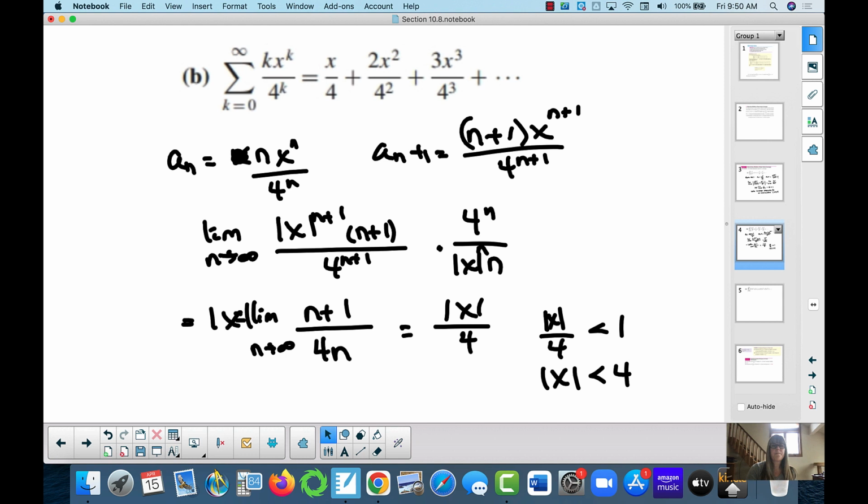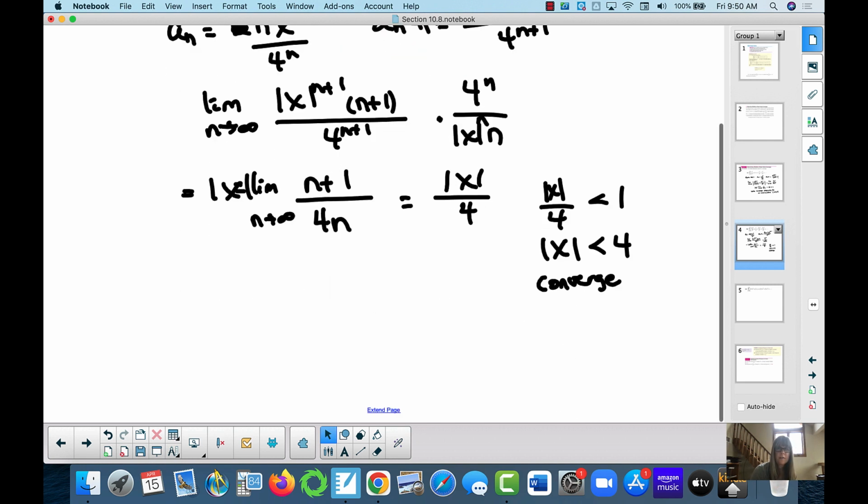Well, for this series to converge, if the absolute value of x is greater than 4, it diverges. But then we have to check what happens when x is 4 or x is negative 4, because that's not included in these two cases.